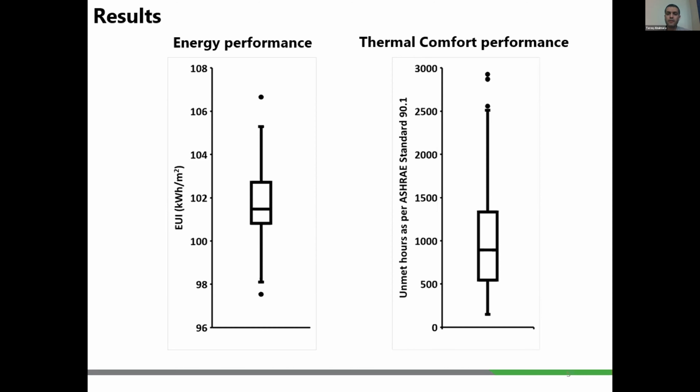But unmet hours are a good metric to show the overall comfort performance, but it doesn't tell you where the problem is, which zones are suffering, how many people are suffering from discomfort.